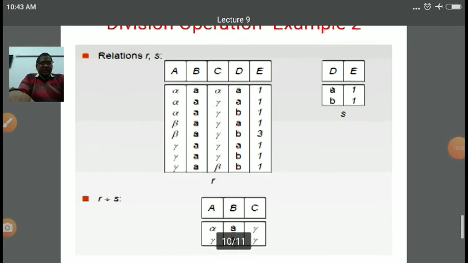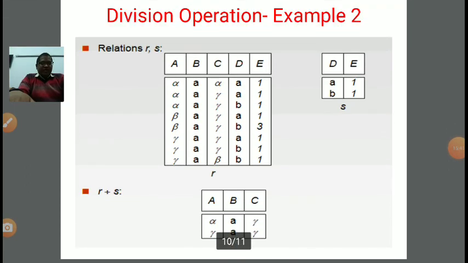One more example is given here. So see here 5 attributes are there and we have listed the corresponding tuples. Now if you see the second relation, by which we need to divide, DE, two attributes, A1 and B1. So we need to check this combination: A1 should be there and B1 at the same time.